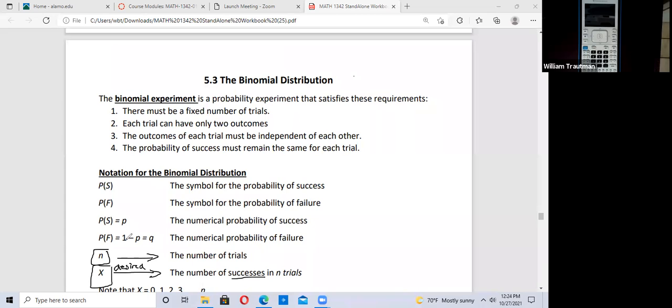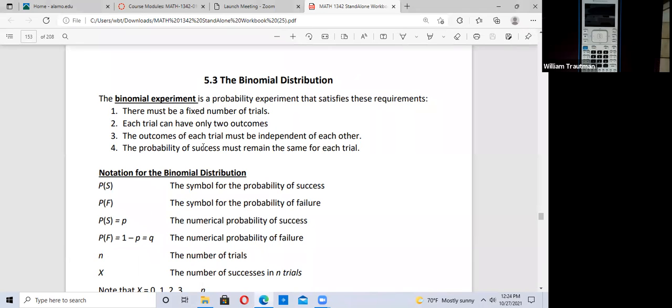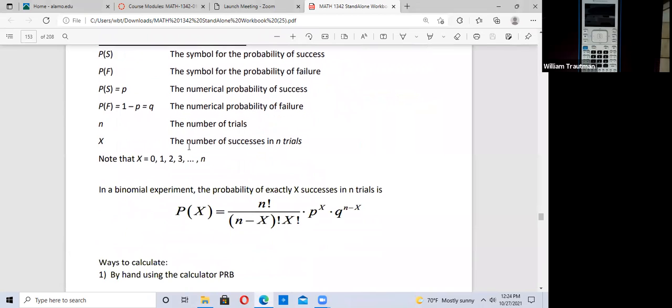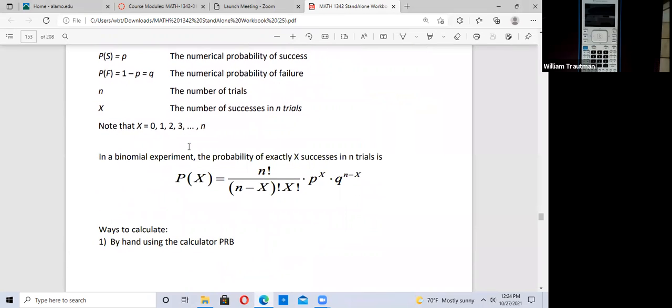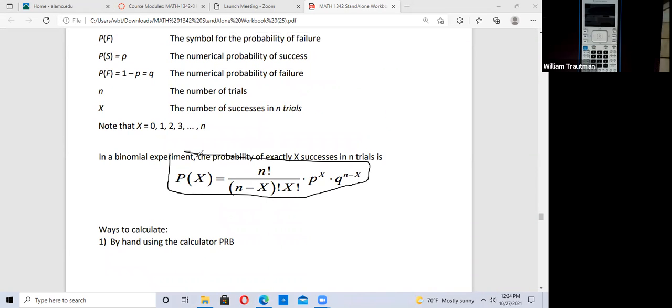That's the desired outcome. And here's the actual formula. We're not going to use it. We're going to use the calculator.